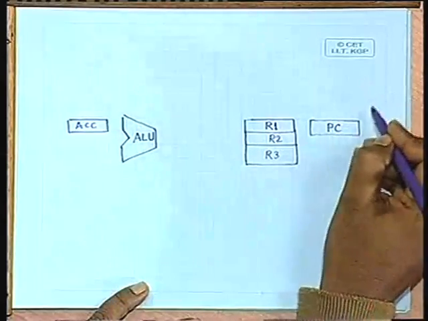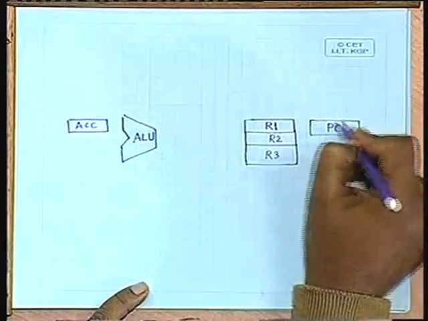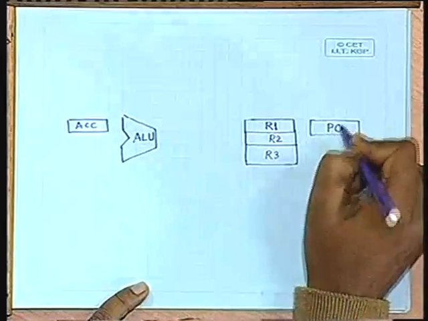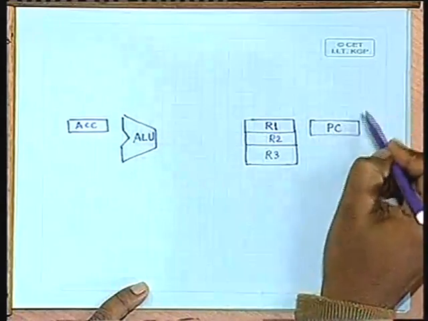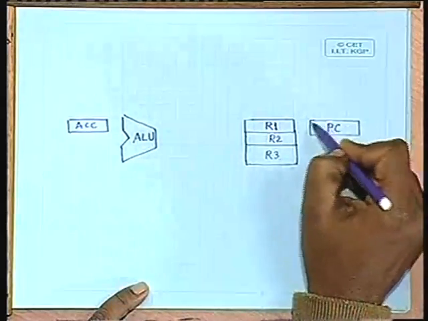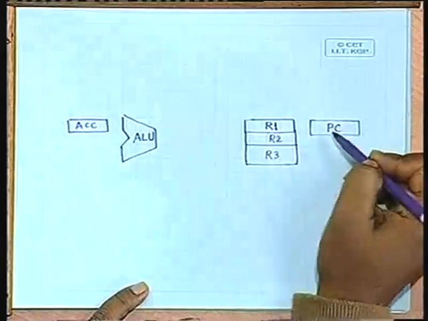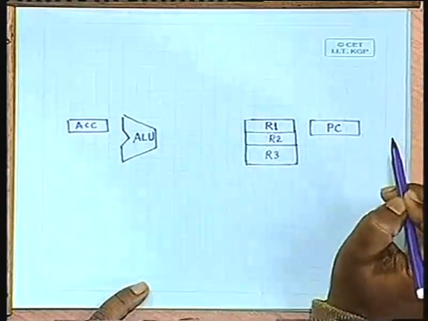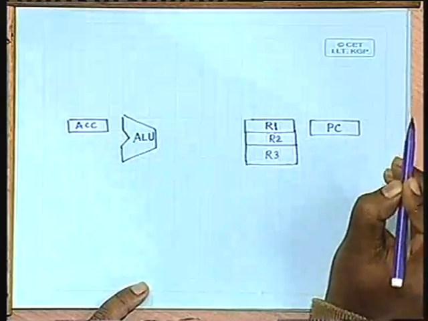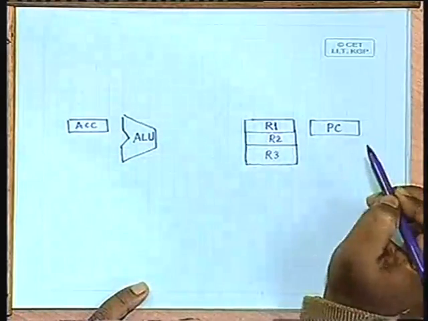Similarly, if I call a function, the previous program counter value also has to be saved somewhere, because whenever I call a function, the program counter, because it is a pointer to the next instruction to be executed, must be loaded with the address of the first instruction in the function which is called.